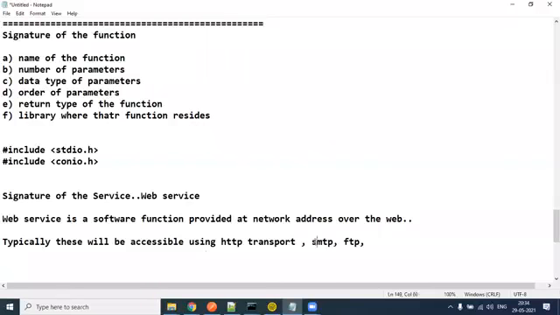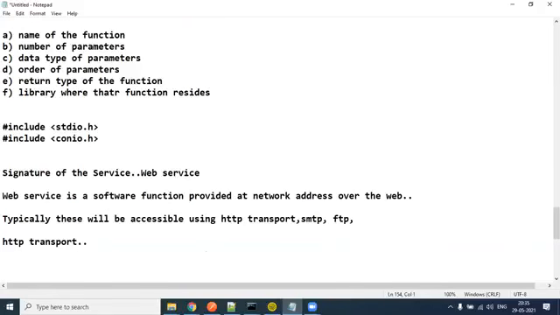There might be some more protocols, but typically the protocol which is predominantly used is the HTTP transport protocol. So it is accessible over the web, and when it is accessible over the web, it becomes all the more easily reusable. So a web service is a software function provided at a network address over the web.